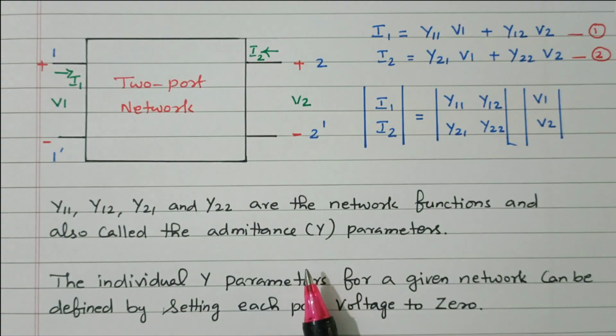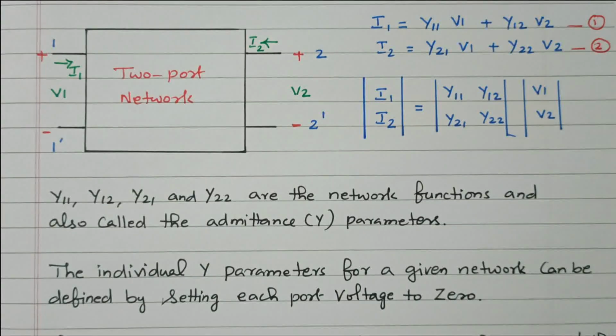The earlier one, by keeping open circuit, is called open circuit impedance parameter. This one is admittance parameter. The individual Y parameter for a given network can be defined by setting each port voltage to be 0, that is, short circuit. Now we will find the admittance parameters one by one.